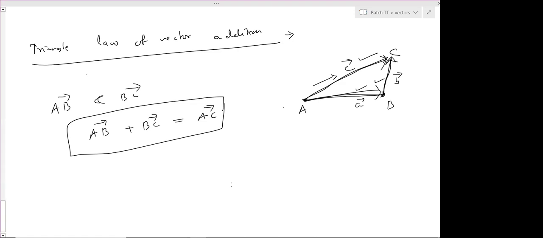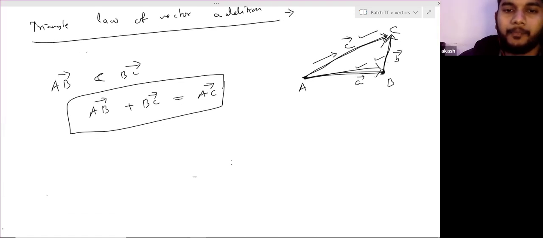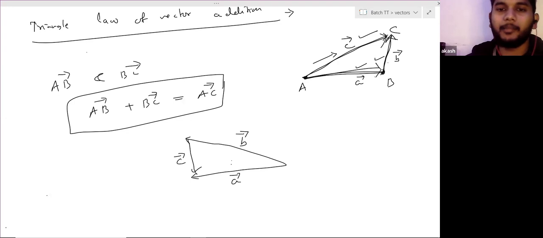Yes, sir. Right. So let me give you one example. Please tell me which addition of two vectors will be equal to the third vector.